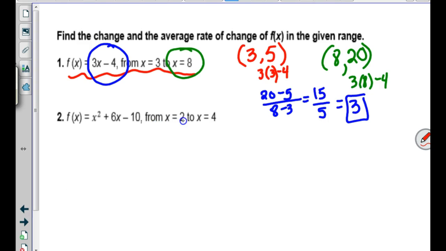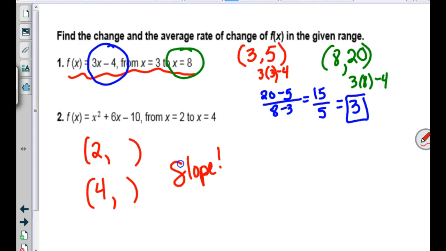All right. So can you try this one on your own? Put a 2 in, see what you get out. Then put a 4 in and see what you get out. And then do what? Yes. Good job.